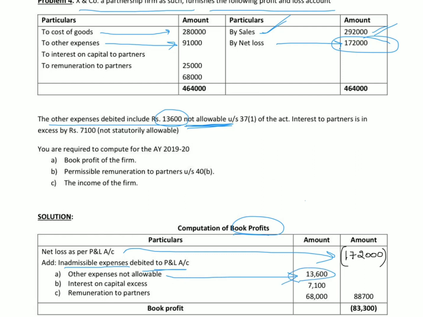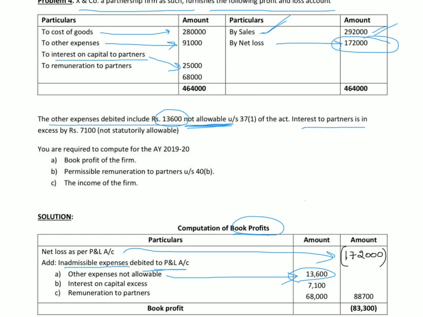Next point we have here is interest on capital to partners, rupees 25,000. If they have not given us any percentage, then this value will be considered as allowable. Interest on capital will be assumed to be within 12%. But if they have given us any adjustment with regards to interest on capital, then we have to consider it.